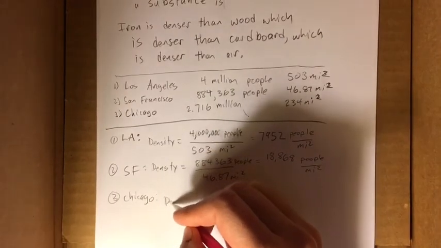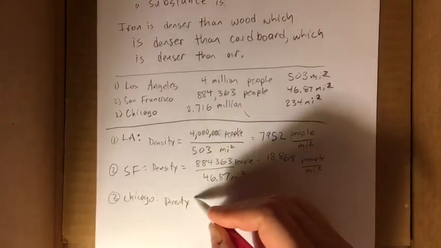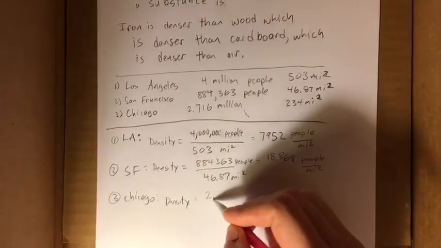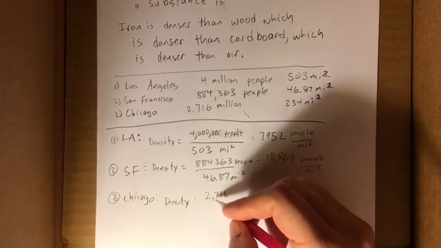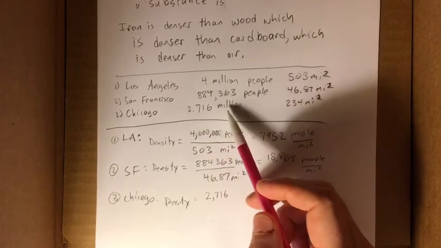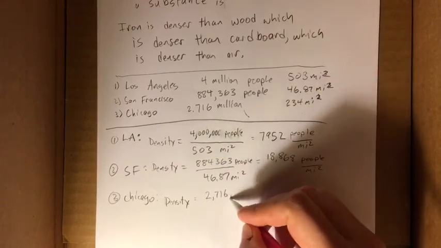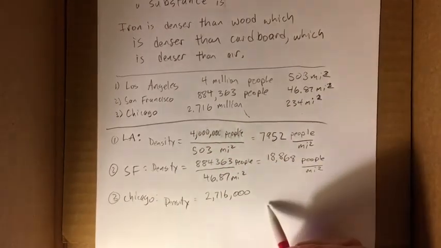All right, and let's do the last one, our own city of Chicago. And the density is, so 2.716 million. That means that will become this number.